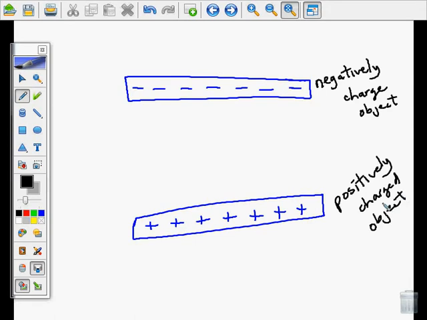If I took that electron and I put it in between these oppositely charged objects, yes? Let's say I put the electron right in here. Which way would that electron naturally move? Right away, Prashant. Down.